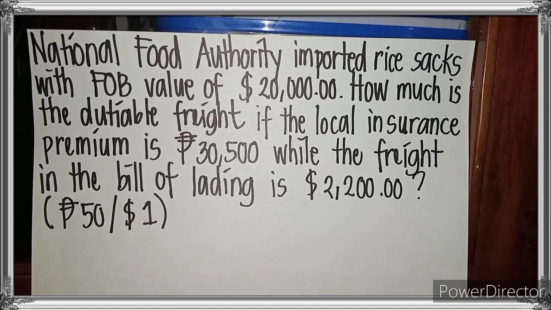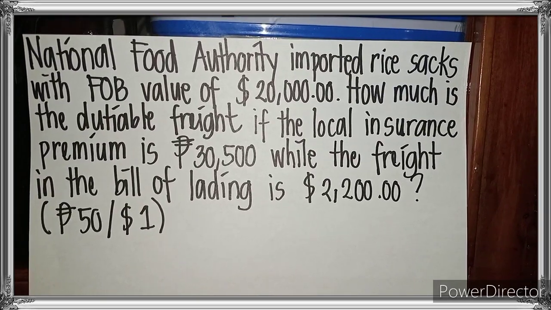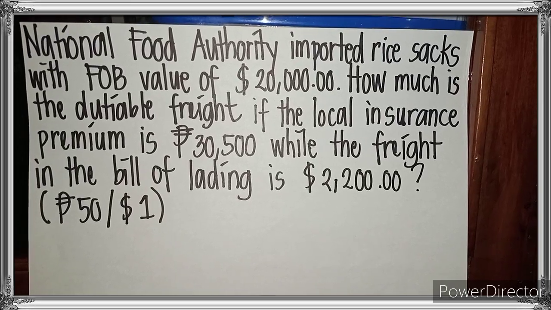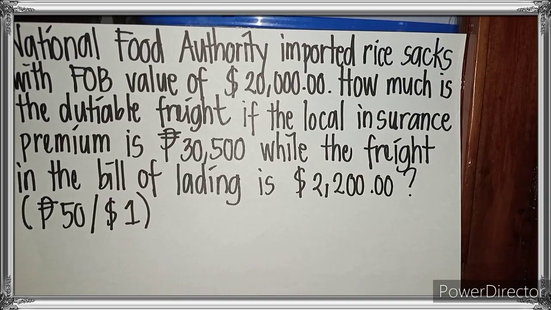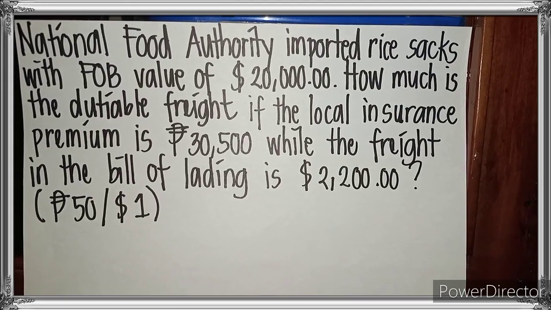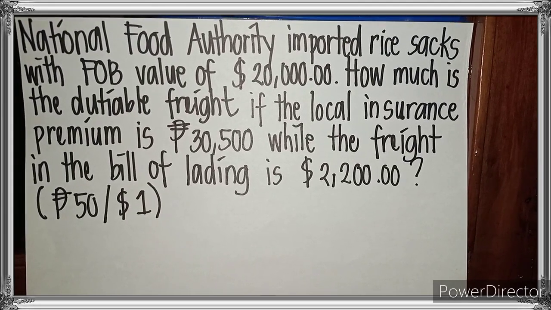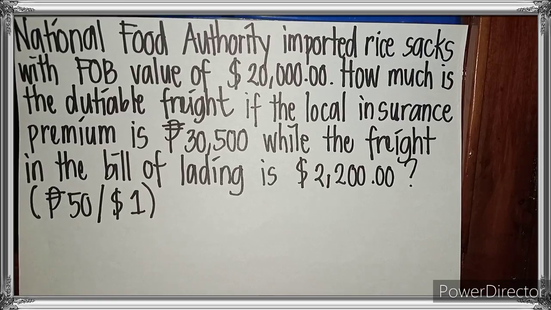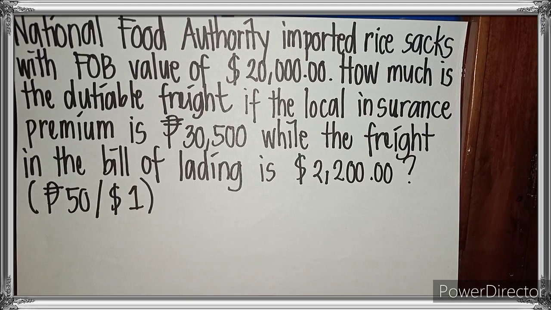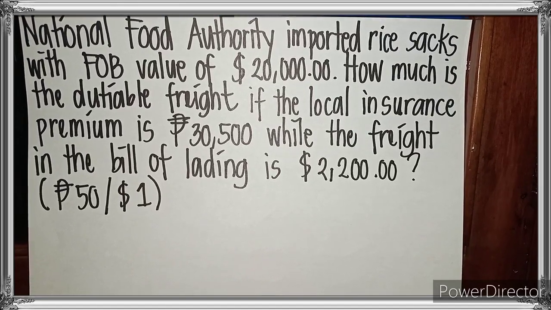Next problem: the National Food Authority imported rice sacks with an FOB value of $20,000. How much is the usable freight if the local insurance premium is 30,500 pesos, while the freight in the bill of lading is $2,200, with an exchange rate of 50 pesos per $1?